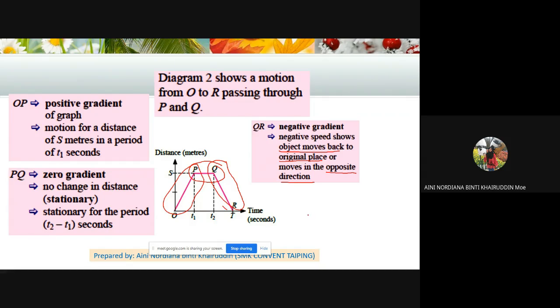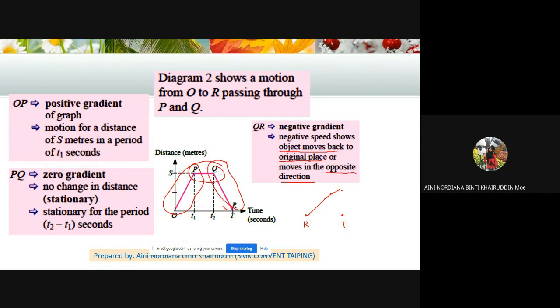Macam contohnya you dari rumah nak ke Taiping contoh. So you naik kereta. So speed dia akan jadi macam ni lah. Lepas tu katakan bila dah selesai urusan nak balik rumah.